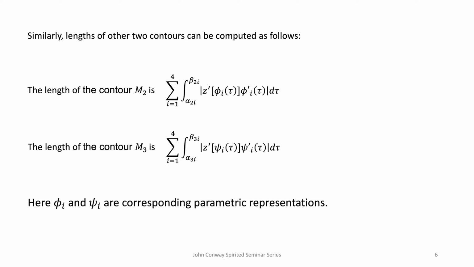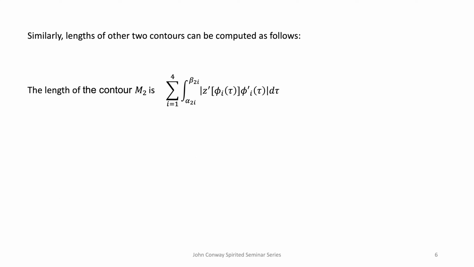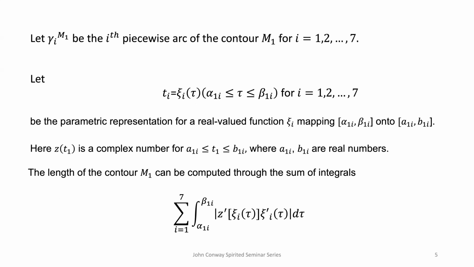So contour integral, yeah. And what is this z and phi? Z is complex, when we take the derivative z of t1. Z of t1 is a complex number. That function, after transformation, the z prime is the derivative of that.